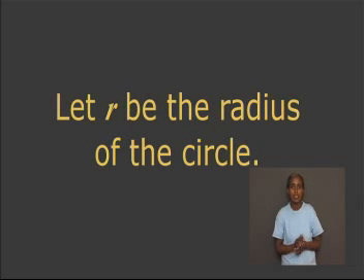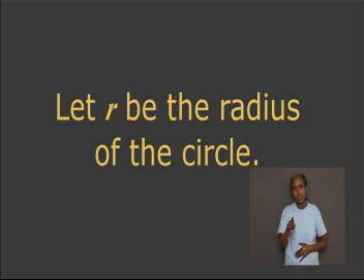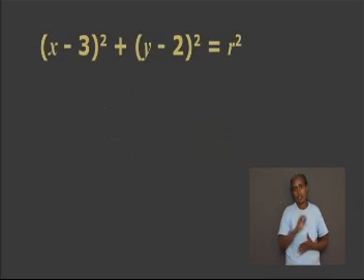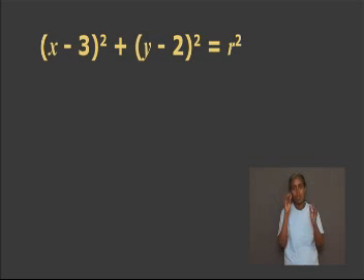For the second question of this activity, let r be the radius of the circle. The equation of the circle is (x minus 3) squared plus (y minus 2) squared equals r squared.